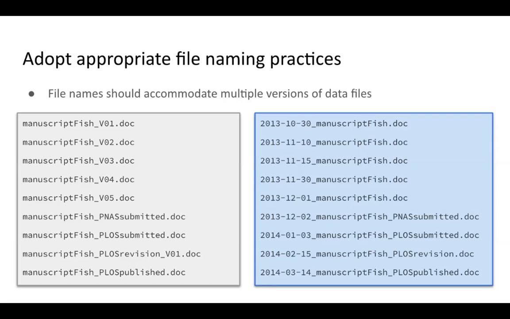So remember to use that ISO 8601 standard for dates. And this works best if the date is listed first within the file name. Saving multiple versions makes it possible to decide at a later time that you may need to revert back to a previous working version.